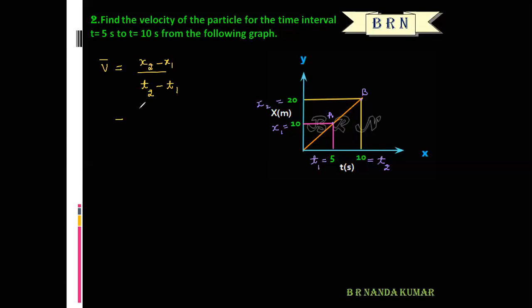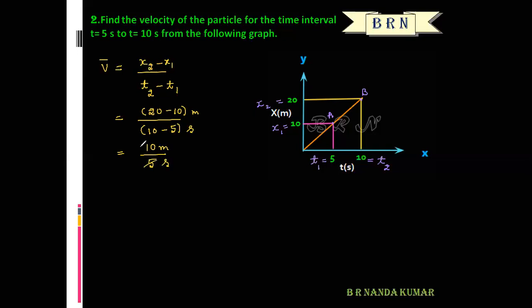Here x2 is 20 and x1 is 10, so 20 minus 10 in meters. And t2 is 10 and t1 is 5, so 10 minus 5 seconds. 20 minus 10 is 10 meters. 10 minus 5 is 5 seconds.